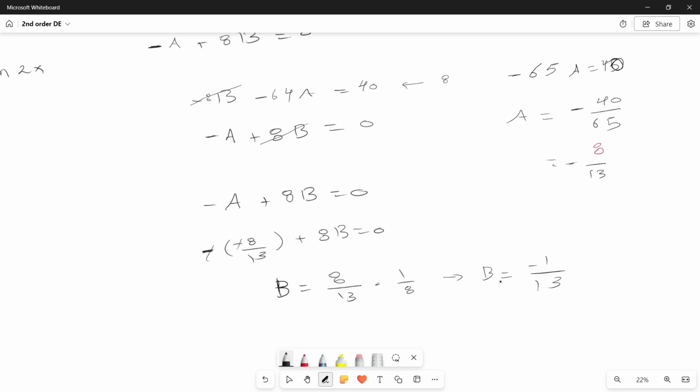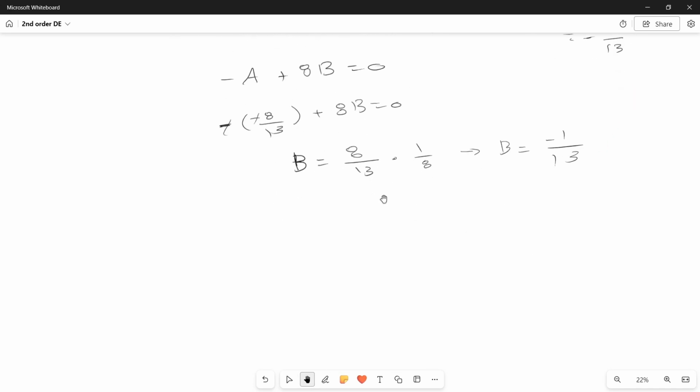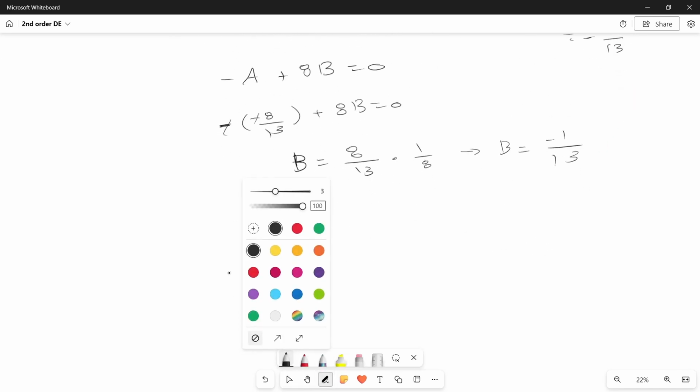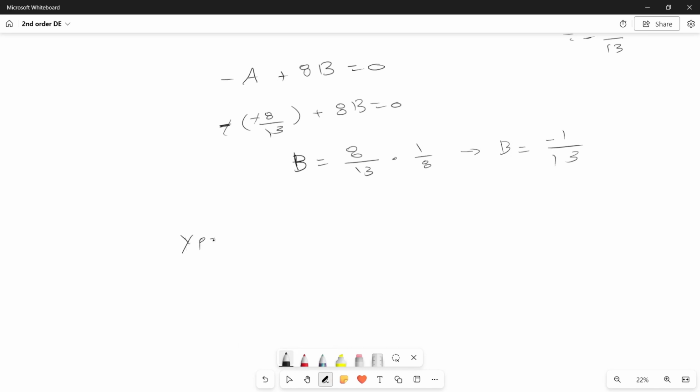Now, since we have the values of a and b, we can substitute them back into our particular solution. So yp is equal to negative 8 divided by 13 multiplied by cosine 2x plus, sorry, the b is negative 1 over 13 sine 2x.